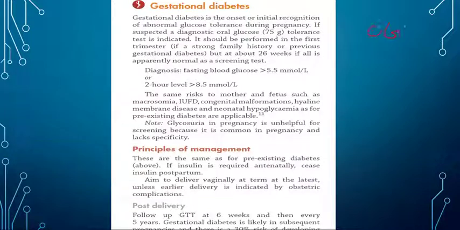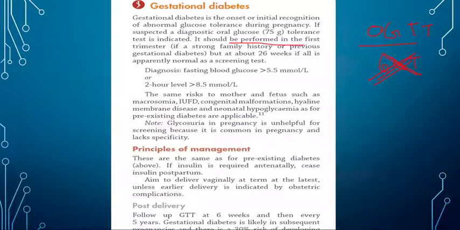There was a test called GCT, glucose challenge test. We no longer do that. We only do OGTT, so forget about it. In the RACGP guideline, you may still find it somewhere, but no one is doing this GCT anymore here. So that should always be OGTT.